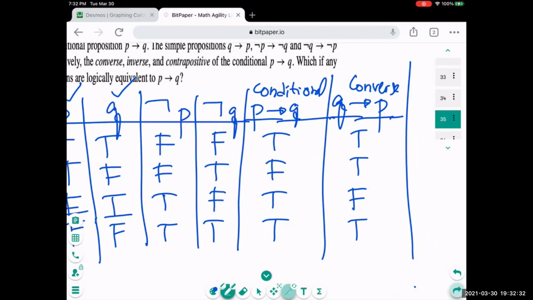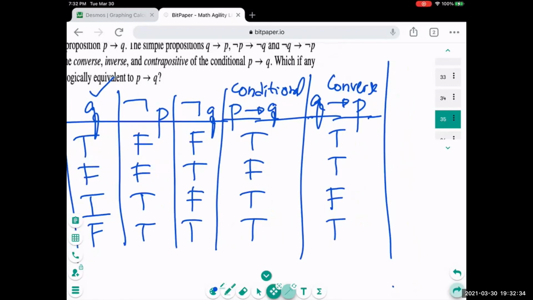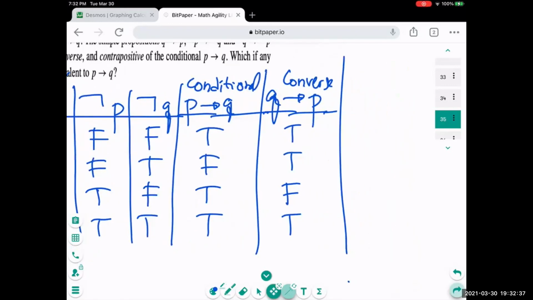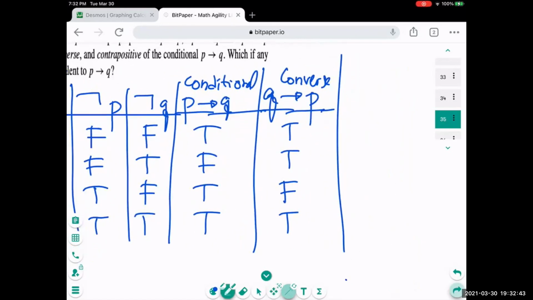And then next is yung, ano ba yung next natin? Converse and then inverse. So, ang inverse natin is negation of P conditional to the negation of Q, right?